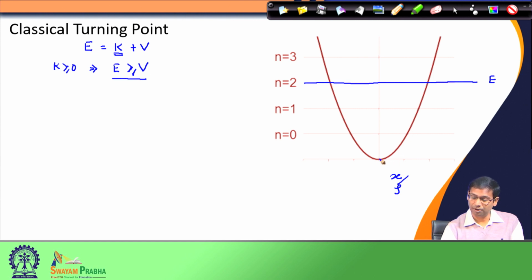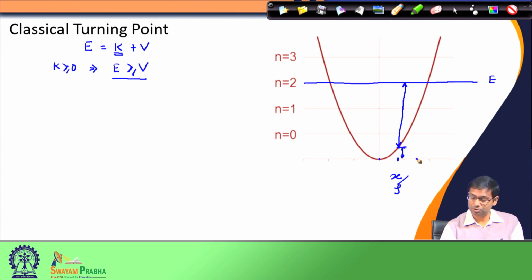If my x is here, the potential energy is 0, and therefore all the energy that the system has is kinetic energy. As I move along this displacement axis, for example if I choose here, this is my potential energy, and this amount is my kinetic energy.